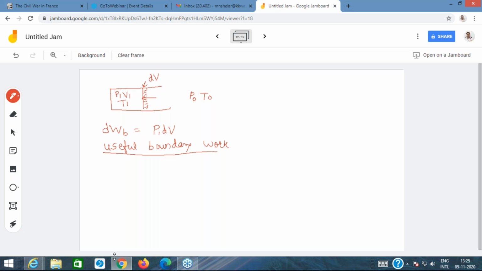So the useful boundary work, or the net work, with the subscript BU, for an infinitesimal change, would be the boundary work minus the work used for overcoming the resistance.